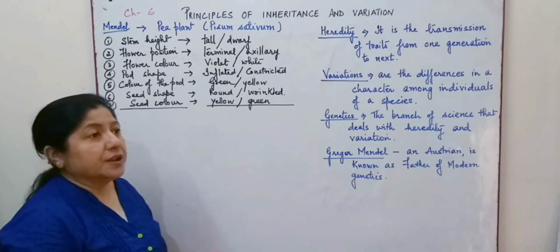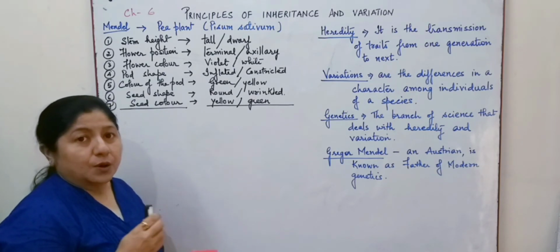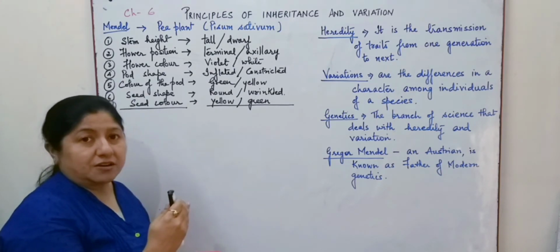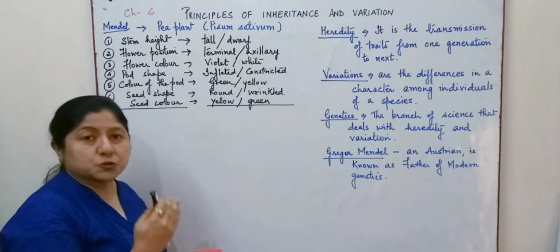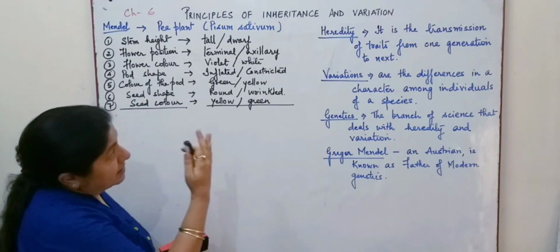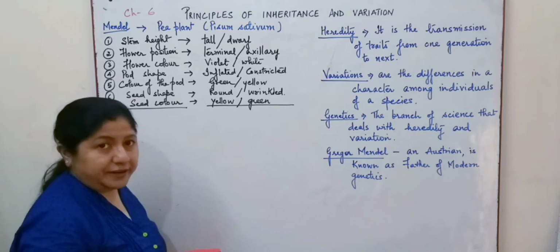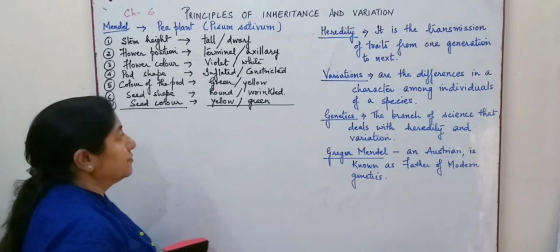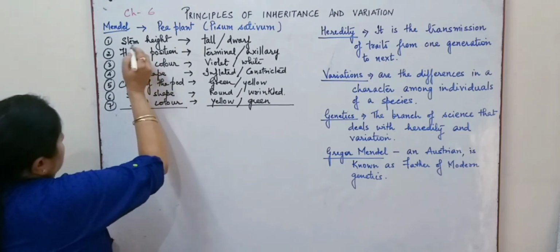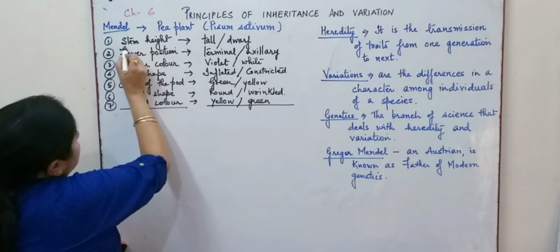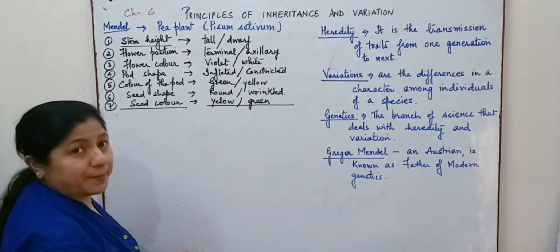pattern. Now if we start with the experiments in understanding the pattern of heredity, we start with one factor, or we are studying only one trait, that is stem height.